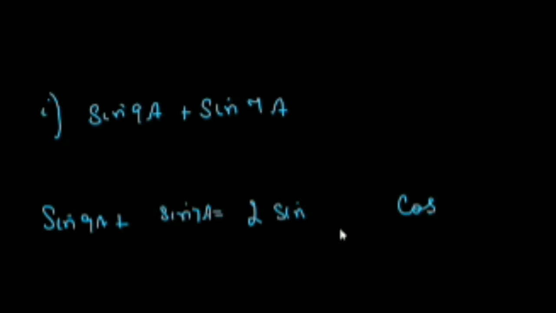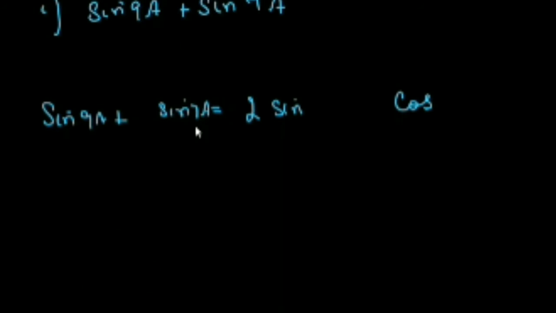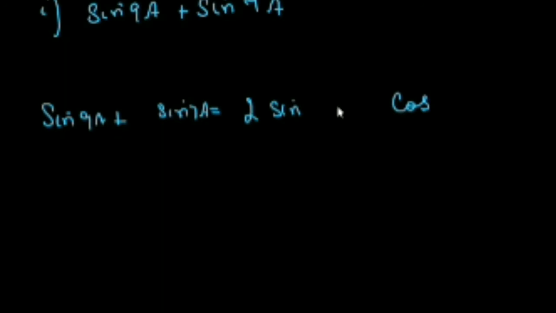So now what will you write here? You add the angles and divide by 2. You remember yesterday we were just adding, we were not dividing. But here you have to divide by 2. So remember that when you write as a product, you have to add the angles and then divide.